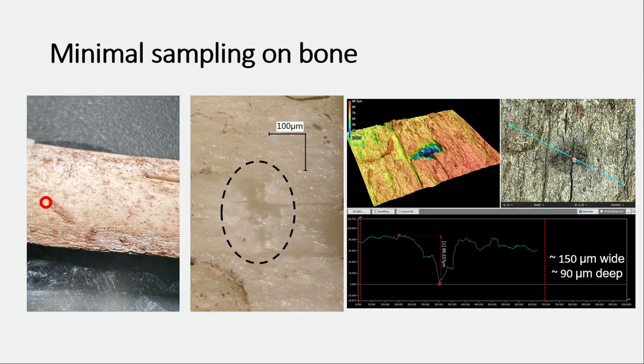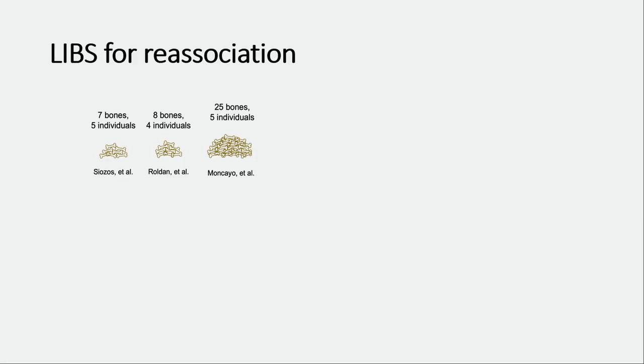So now we have the technique, and we can take the elemental signal. LIBS has been used many times before us. That was before we submitted to NIJ. There were a few studies: 3 studies before us, with 7 bones from 5 individuals, or 8 bones from 4 individuals, or 25 bones from 5 individuals, showing that they can reassociate bones.